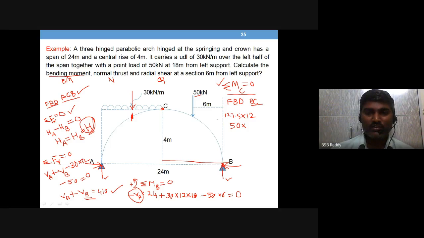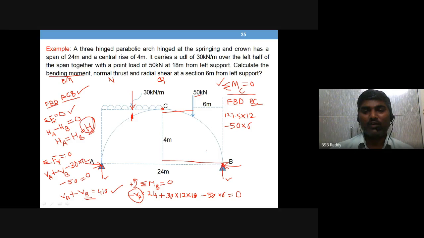So total is 12 minus 6. So this distance is again 6. What is the sign convention? This is going to cause a clockwise moment. So right clockwise is going to give you hogging moment. So hence it is minus.